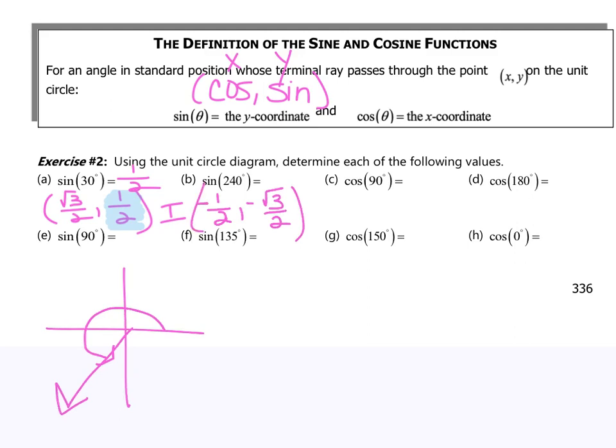Excuse me, they're both negative because we're in quadrant 3. So again, we are talking about sine, so that is the y value. So my answer is negative square root of 3 over 2.